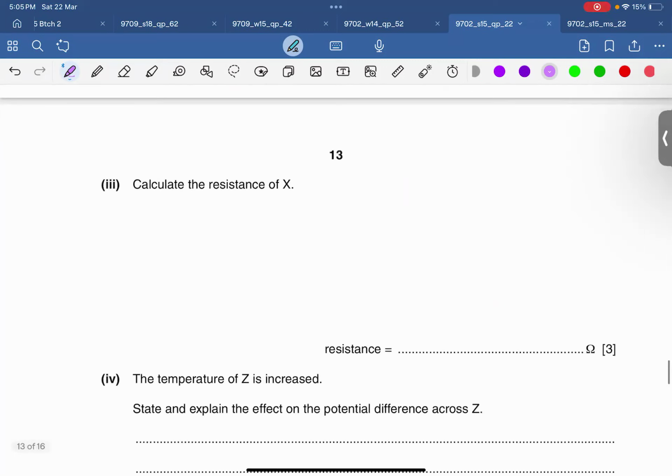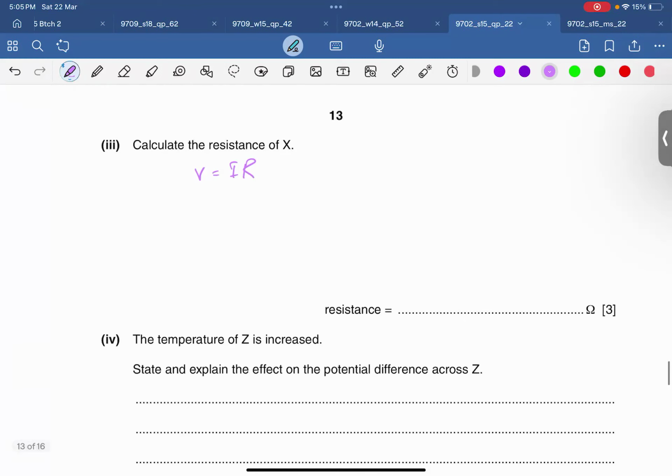For that, we use V equals IR. The total voltage is 12. The total current is 5.3333 exponent negative 4. And the total resistance should be X plus 15K plus 3K. Just divide that.